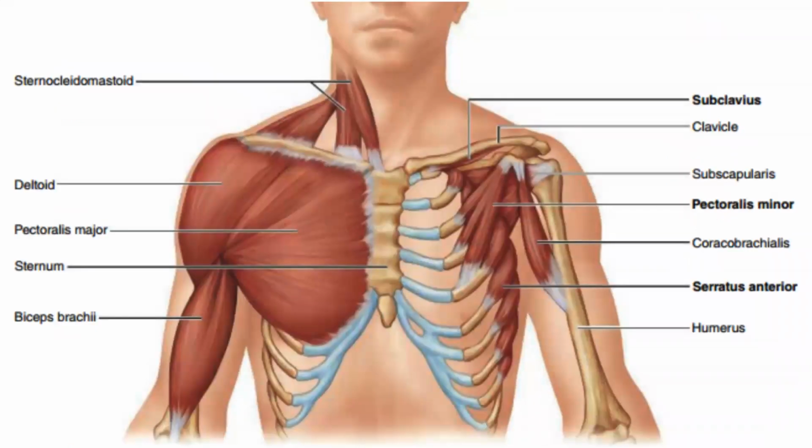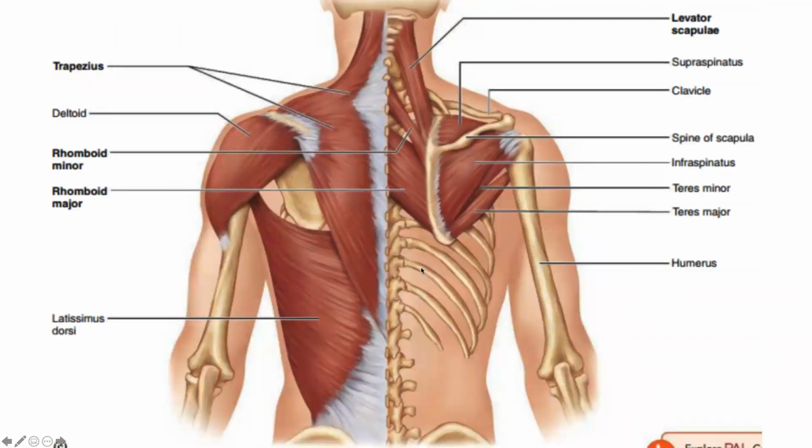Once we struggle with inspiration, we have to recruit other muscles which attach to the rib cage. During effortful inspiration, like those people who have an asthmatic attack and struggle to inspire, they will be using the sternocleidomastoid and the pectoralis minor muscle.